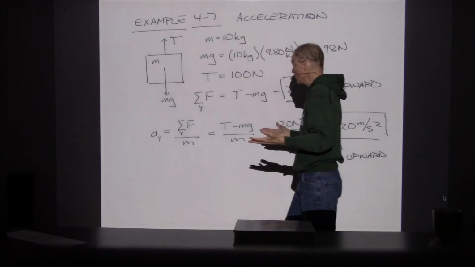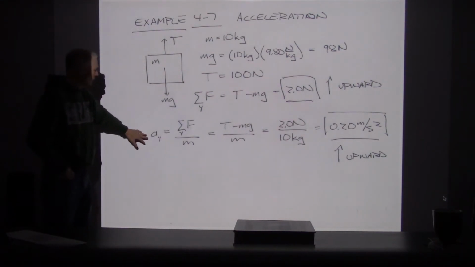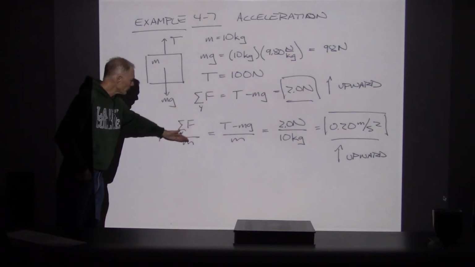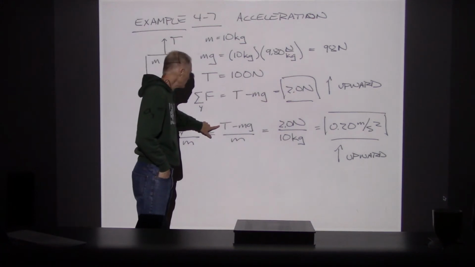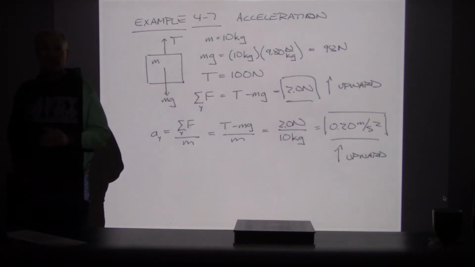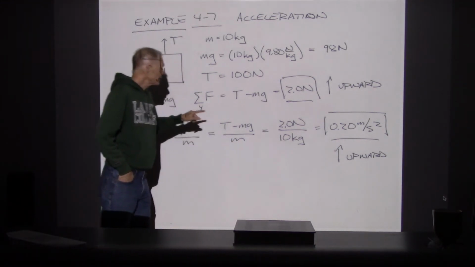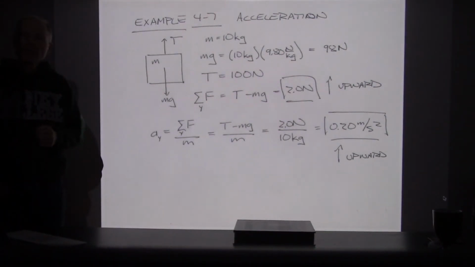How much acceleration is that going to create? The formula that we start from is acceleration equals sum of the forces divided by mass. So here are the forces: tension minus mg, that's the net force acting on the object. But then I have to divide through by m. Here's maybe our first example of m playing 2 different roles.